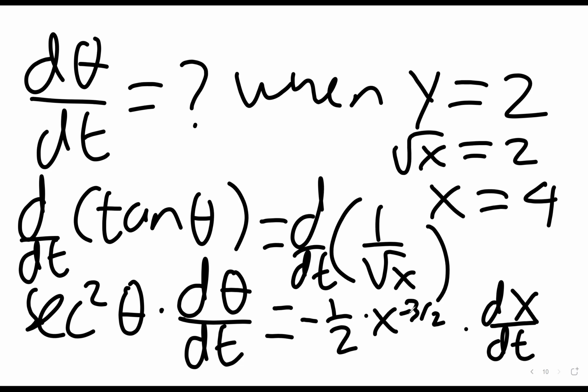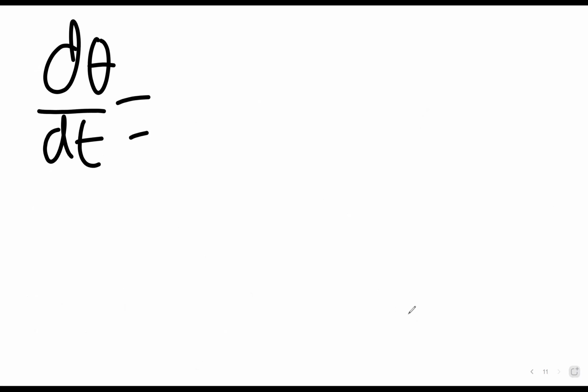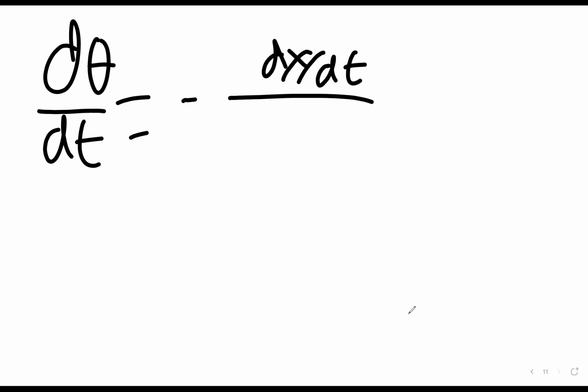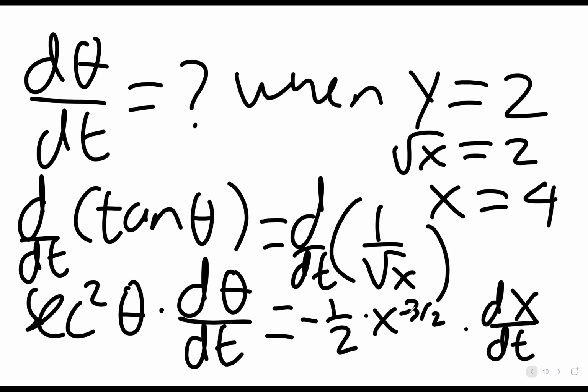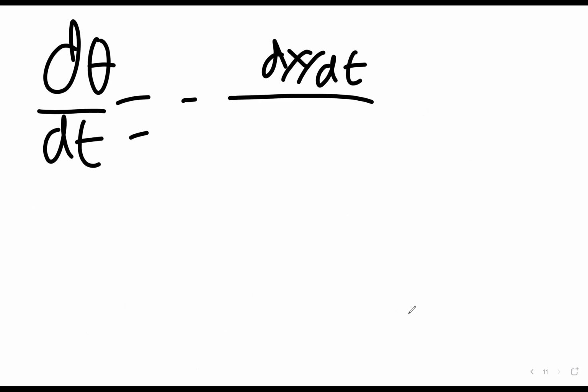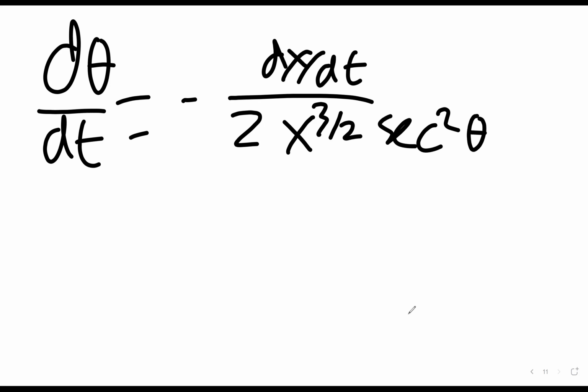Of course, if I simplify these two terms, then dθ/dt equals minus dx/dt divided by 2 x to the power 3 over 2 times sec² θ.